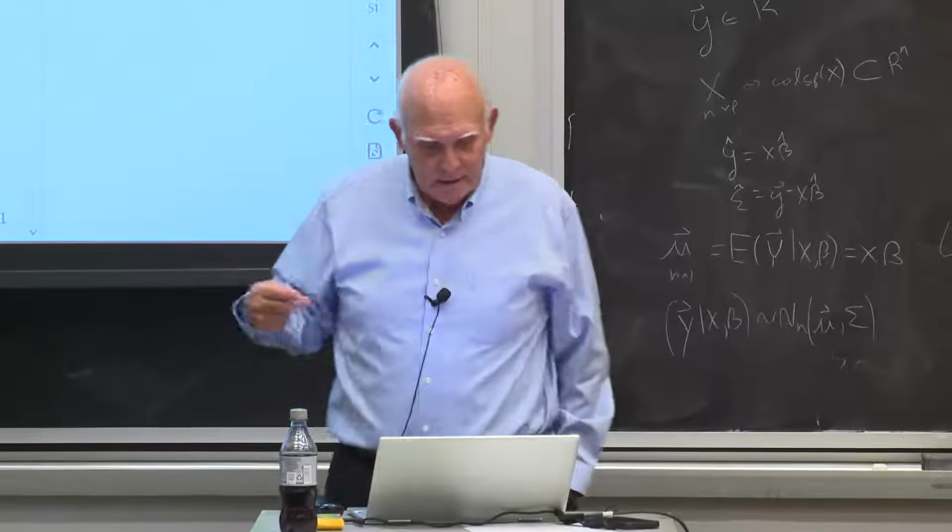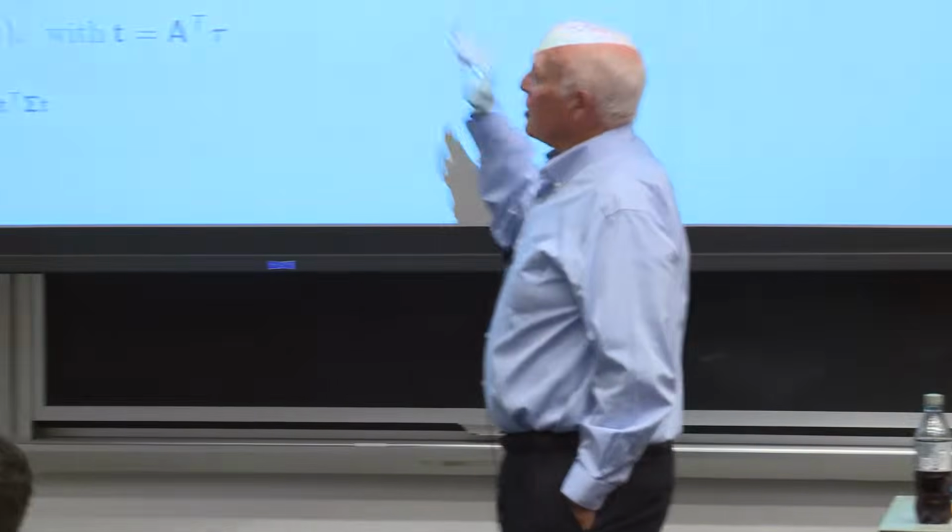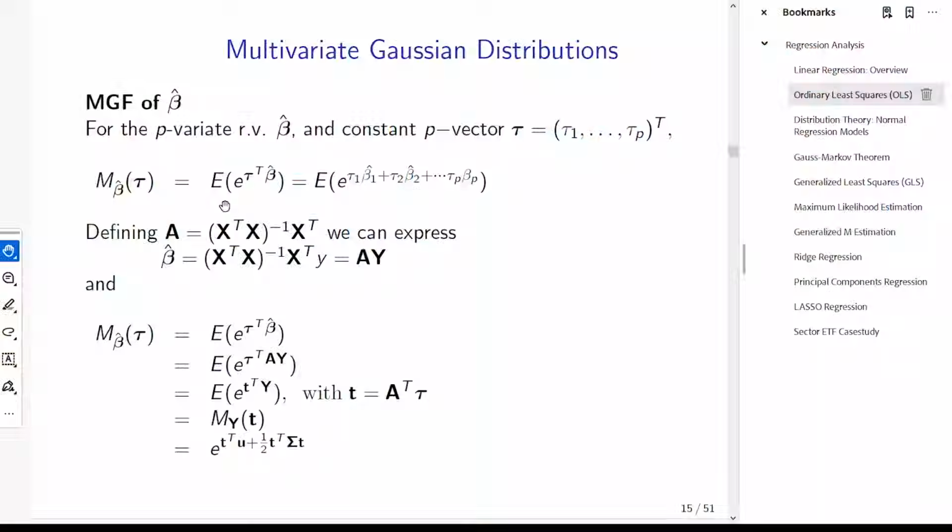What's less trivial is that we can use moment generating functions to solve for the distribution of the least squares estimate. So this first formula here is the moment generating function for beta hat.